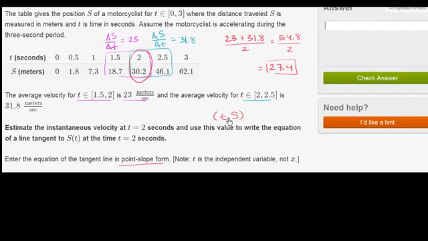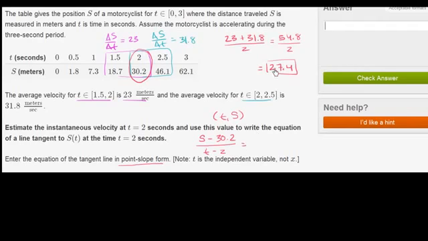So what's the slope between this point and this point? Well, your change in S is going to be S minus 30.2, over your change in t, t minus 2, is equal to your slope.